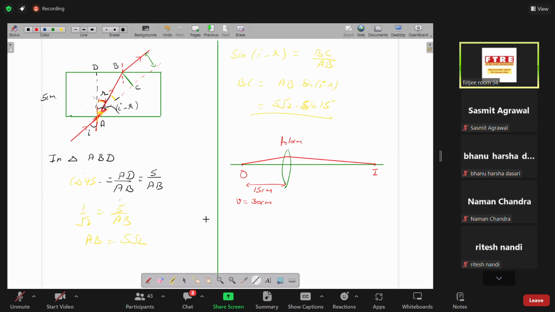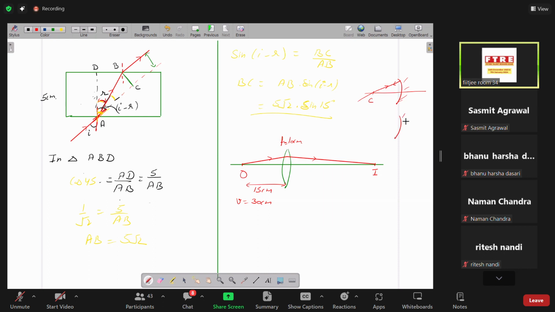Now we have these two options. If the ray is incident on the mirror surface such that it is falling normally on the mirror surface, the ray falls normally if it passes through the center of curvature. In a concave mirror, we have discussed that if the ray is passing through the center of curvature, it falls normally on the mirror surface and retraces its path.